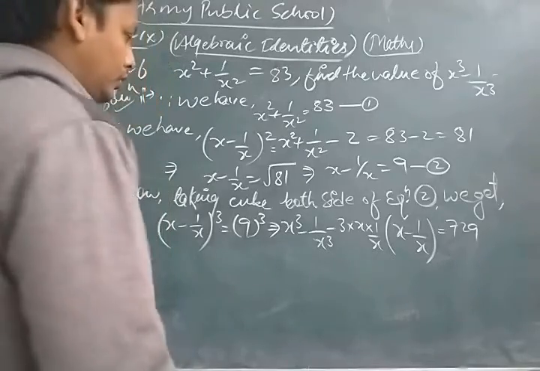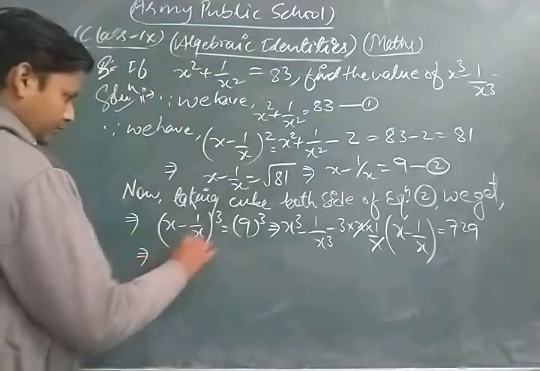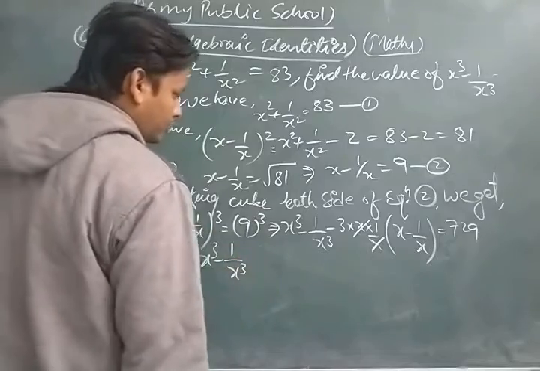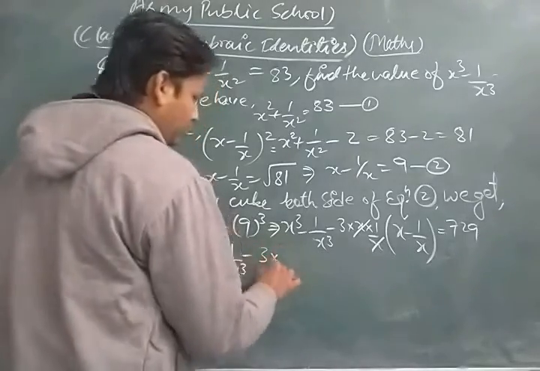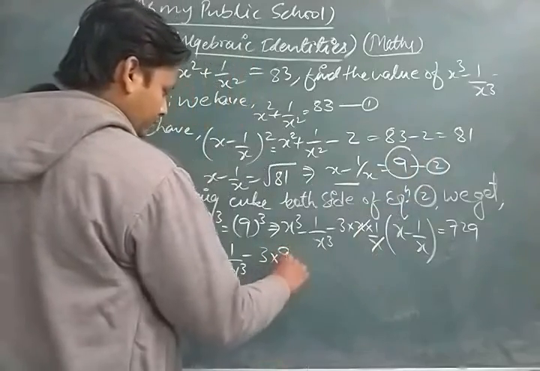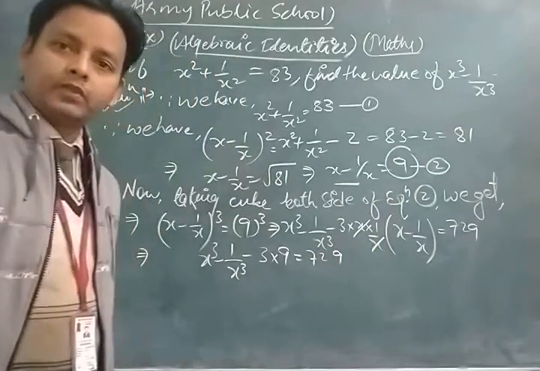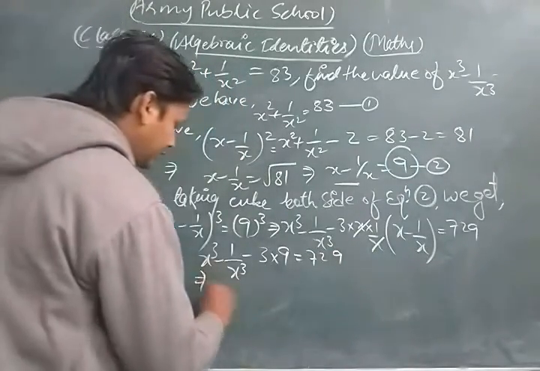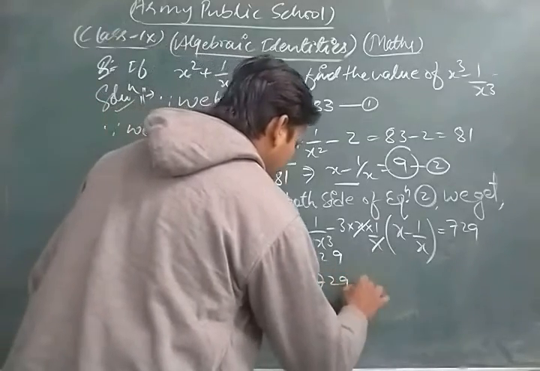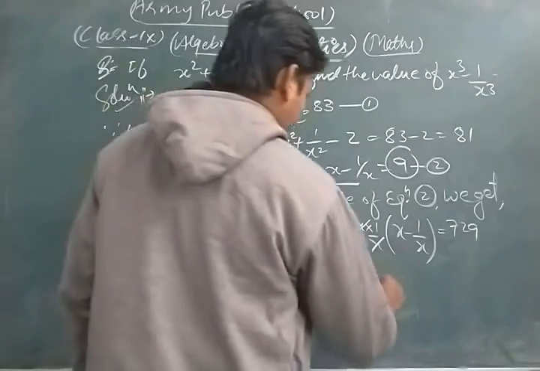Now from there, x cancels with 1 upon x, so we get x cube minus 1 upon x cube minus 3 into the value of x minus 1 upon x, which is 9, is equal to 729. Now we get x cube minus 1 upon x cube equal to 729 minus 3 nines are 27.